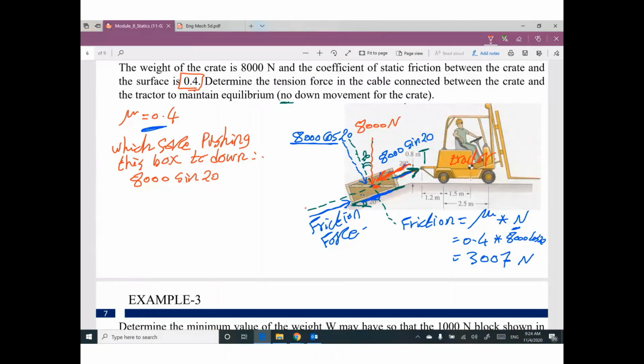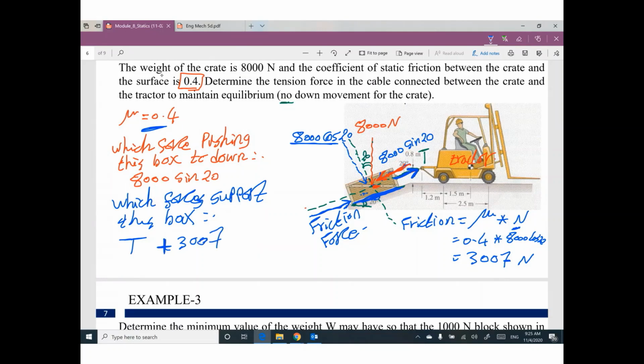Another question: which forces are supporting this box? This tension in the cable, so we have T. What else? We have friction. This friction force is trying to support this box from sliding. So we have 3,007.